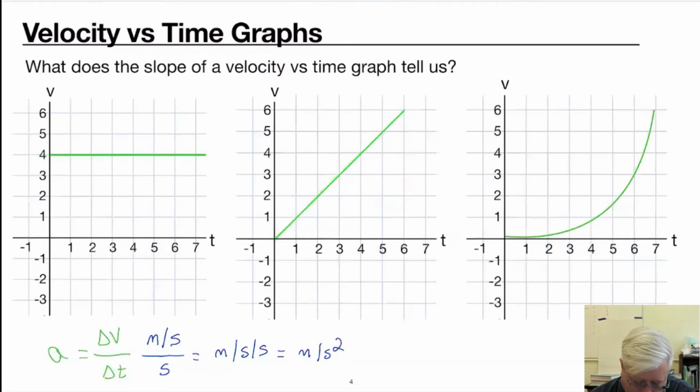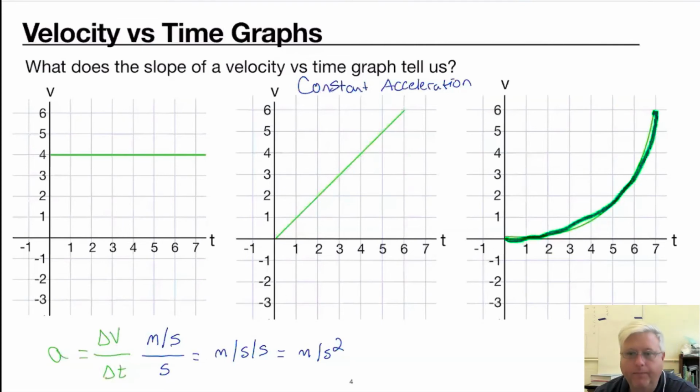Well, we know the slope is acceleration. The fact that it is a nice straight line, on a position time graph, that straight line was constant velocity. Well, here it's going to be constant acceleration. And then what about if we have a curved line?